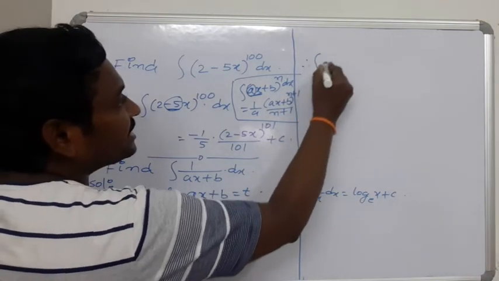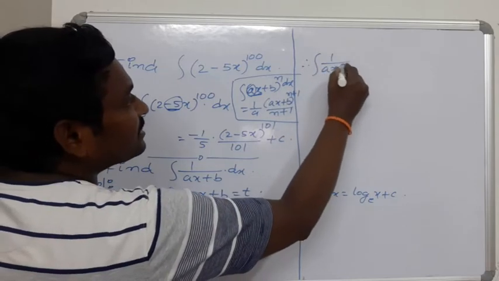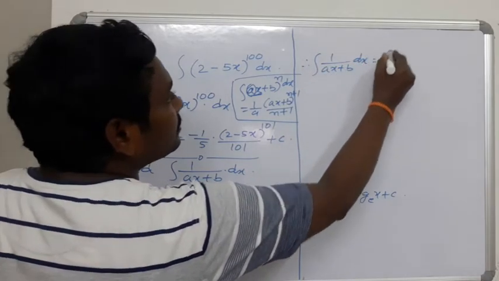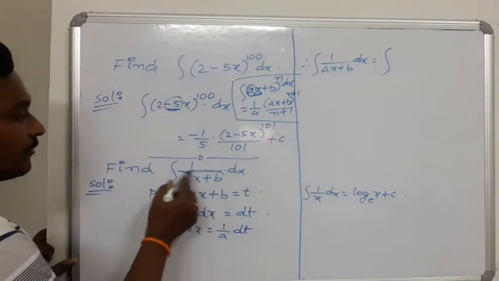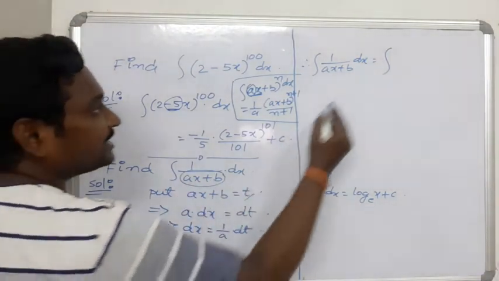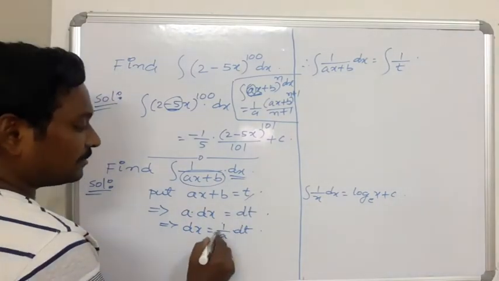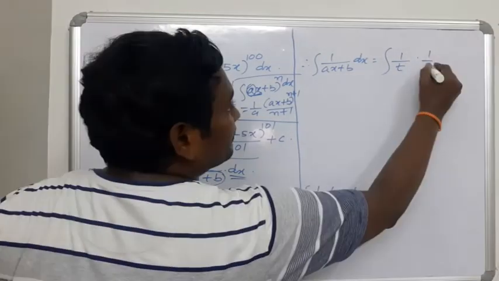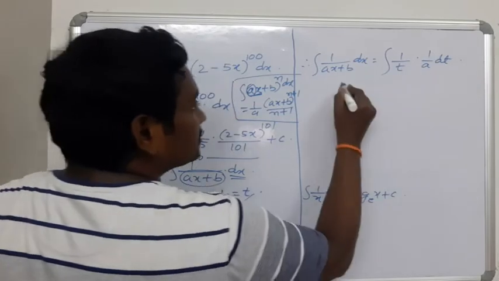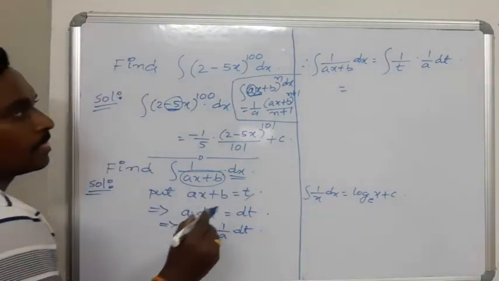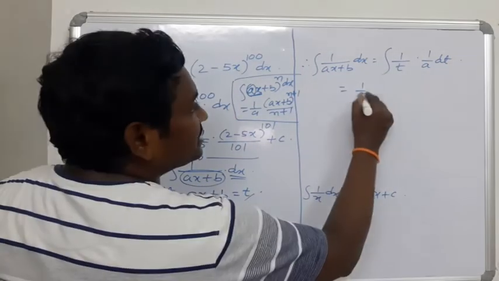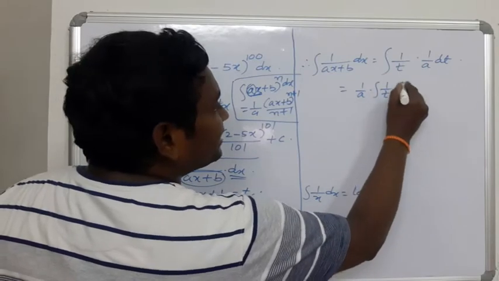So you will get the integration of 1 by ax plus b into dx is equal to the integration of, whenever we have ax plus b, replace it by t. So 1 by t. What is dx? 1 by a dt. So that is equal to 1 by a, a constant term, integration of 1 by t dt.